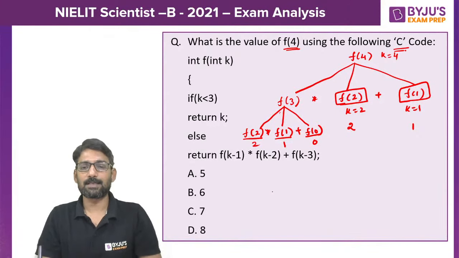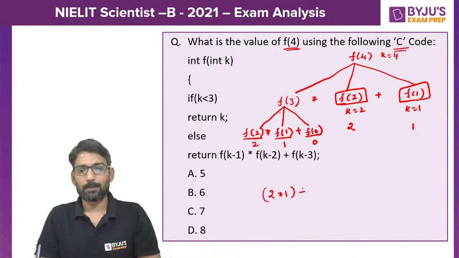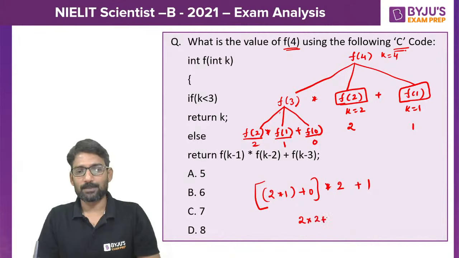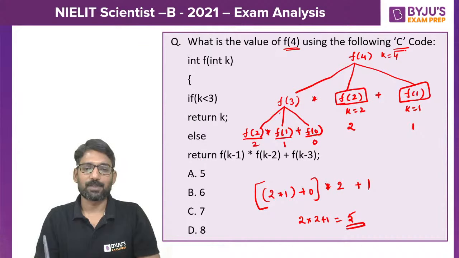So this is coming around 2 into 1 plus 0. This is what f(3) is. Then f(4) is f(3) multiplied with 2 added with 1. Right? So this is 2 into 2 plus 1, that is 5. So option A is correct.